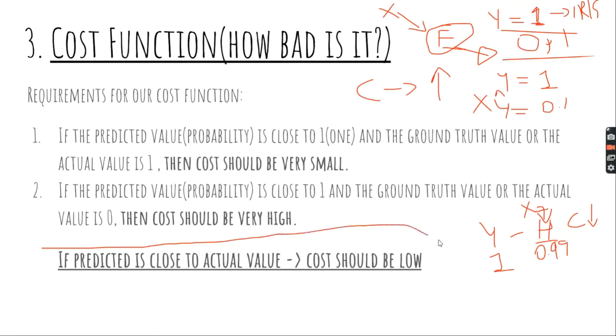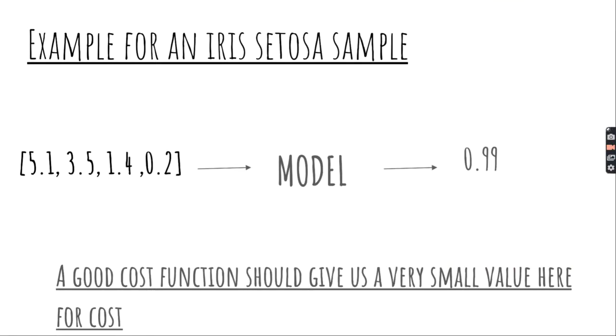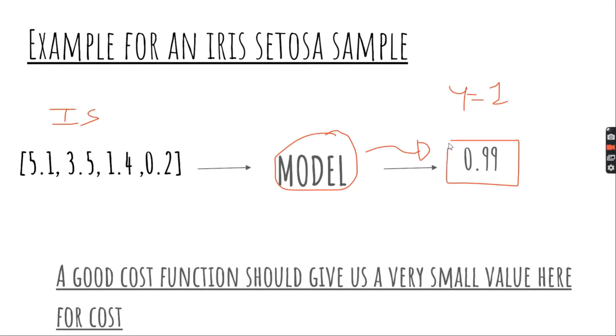So the gist is, if the predicted is close to the actual value, your cost should be low. An example again: if this was actually an iris setosa example, meaning the true label is y equal to 1, and our model, which spits out a probability of belonging to the positive class, says 0.99, it's basically saying I'm 99% confident that this is from the iris setosa species, which is correct, and so the cost should be very low.